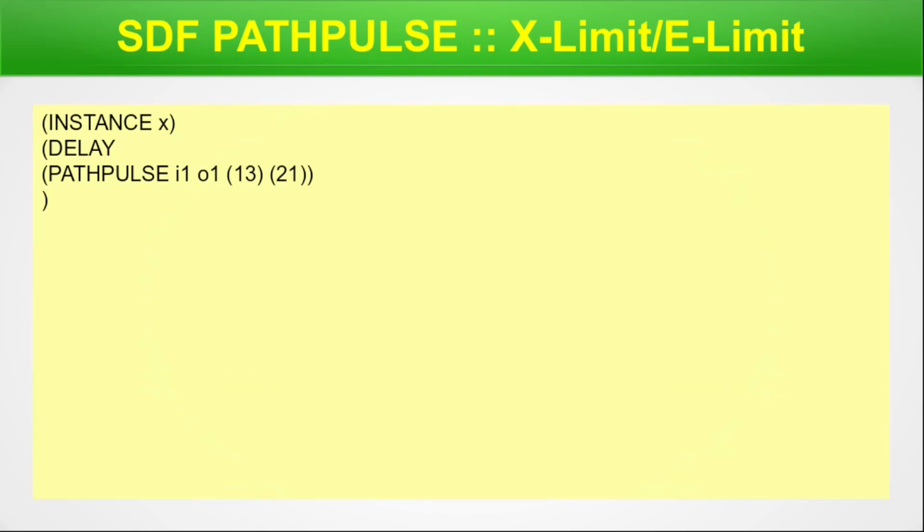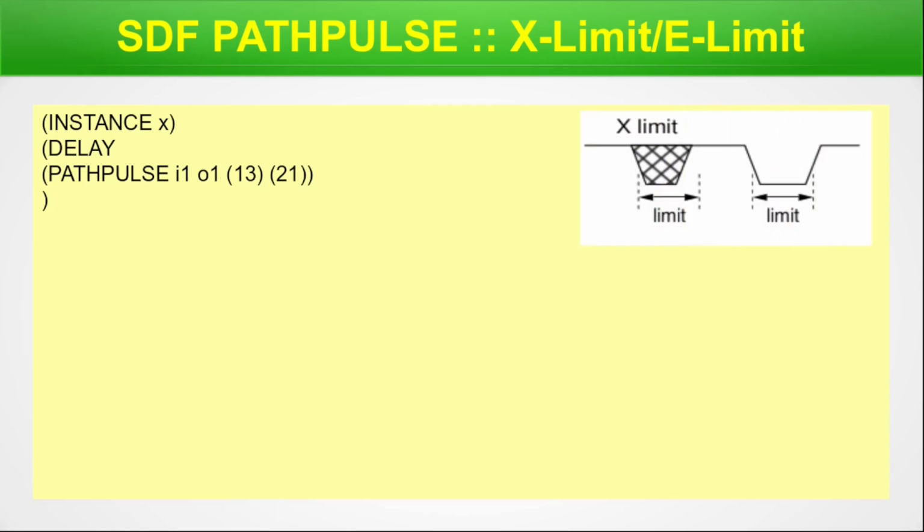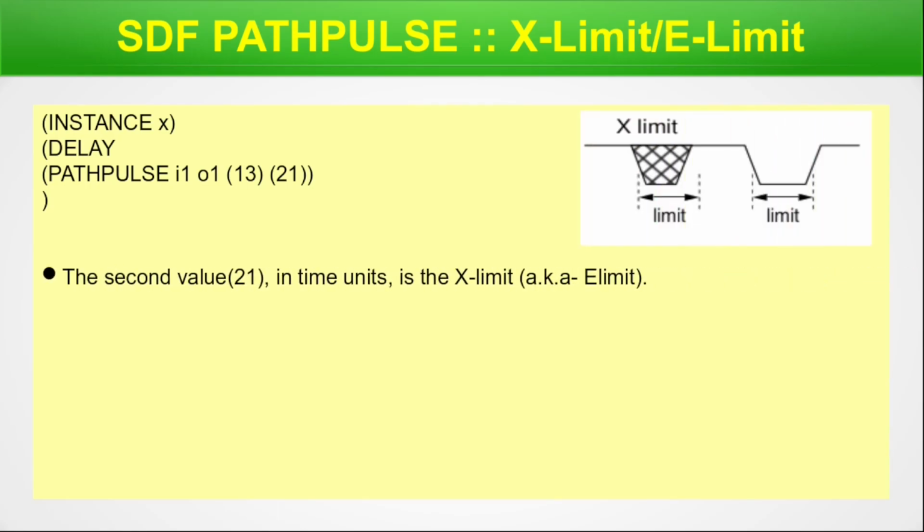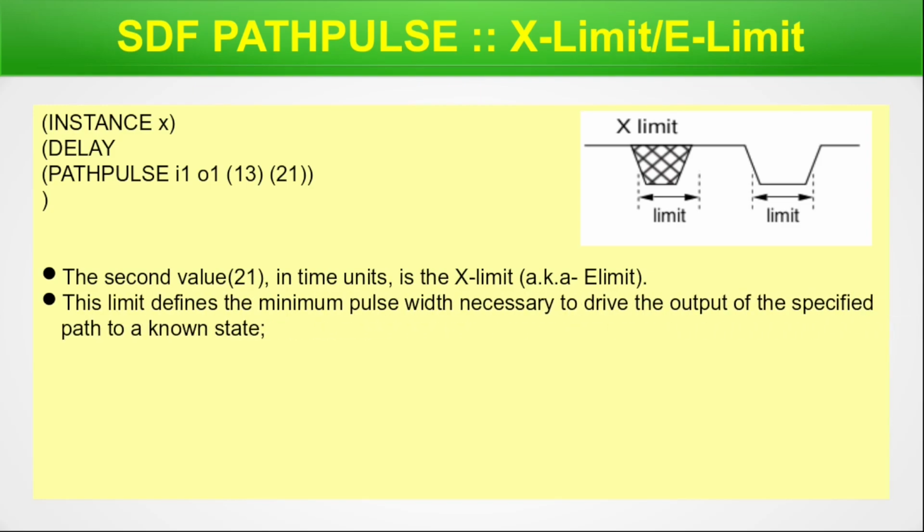Now let us look into the X limit or E limit using the same example. And here goes our infographics. The second value 21, in time units, is the X limit, also known as the E limit. This limit defines the minimum pulse width necessary to drive the output of the specified path to a known state.